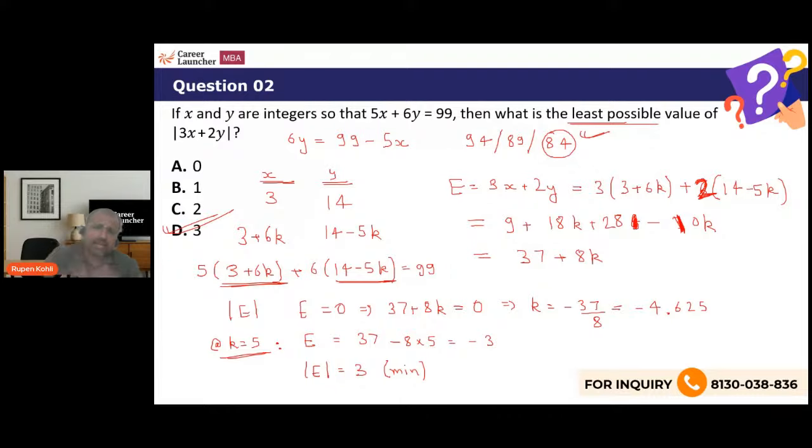It can never be exactly equal to 0, because if we put it equal to 0, the value of k comes out as a decimal, which is not allowed, because then x and y will no longer be integers. k needs to be an integer. At k equal to exactly minus 4.625, we are getting e to be 0. So the value closest to this, which is minus 5, helps us to minimize the expression, right?